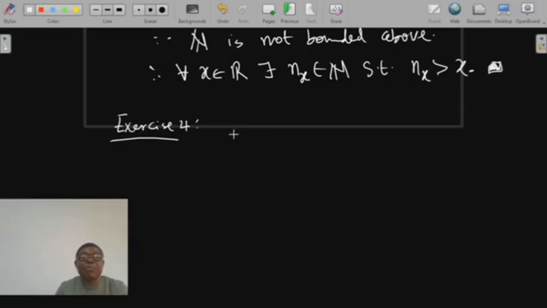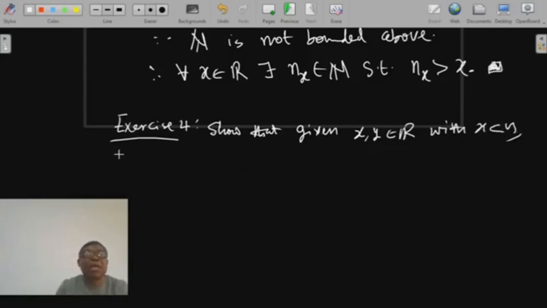Here we shall show that, given x, y in R with x less than y, there exists a rational number r in Q so that x is less than r less than y.